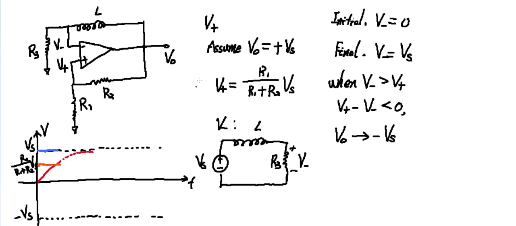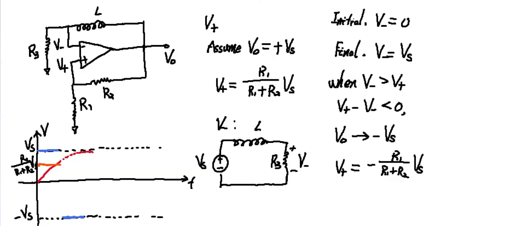So now things will change. So first of all, the output voltage will go down completely to the negative maximum value. In the meantime, it's easy to see that V plus, since it's directly on the feedback loop, will also be negative R1 divided by R1 plus R2 times Vs, as it's directly proportional to VO.